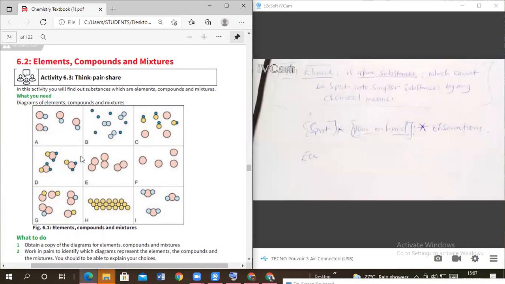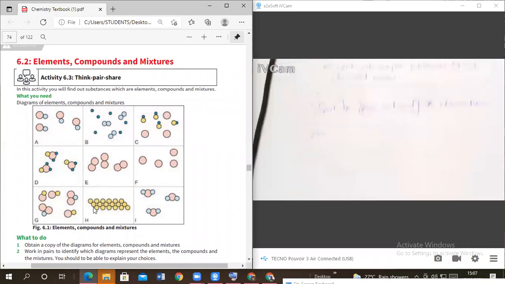H. Why H? What has made you say H? It's because an element is a pure substance which cannot be split by any chemical means. Okay, that's a good attempt.